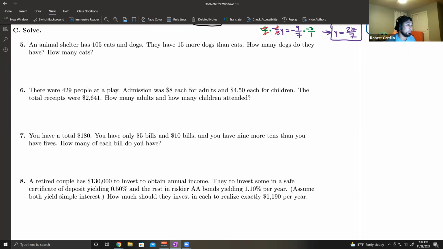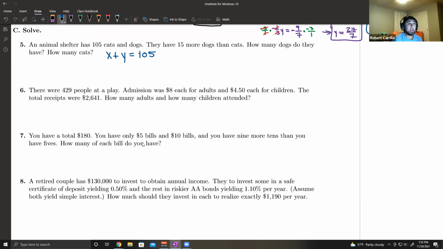It's just saying an animal shelter combined has 105 cats and dogs. So what we're going to do for this is we're actually going to have to create our own system of equations. So our animal shelter has X amount of cats plus Y amount of dogs, and the total of cats and dogs together is 105.